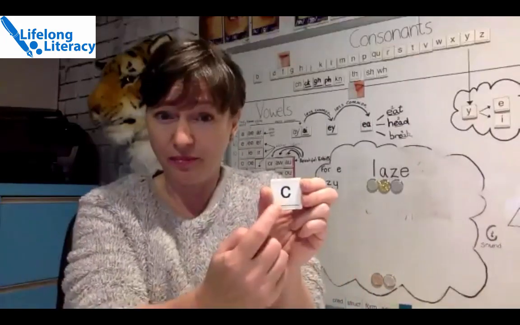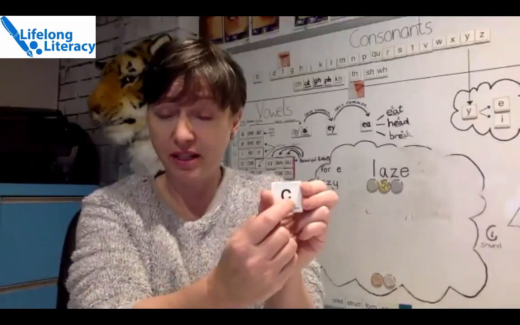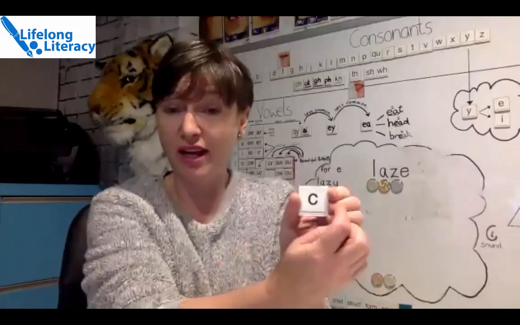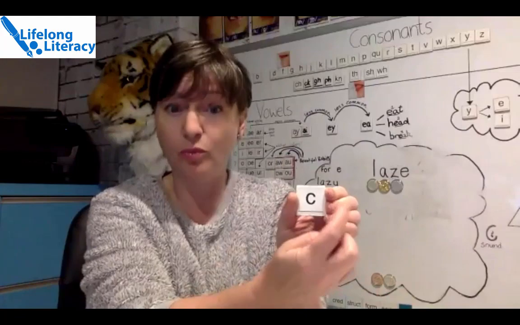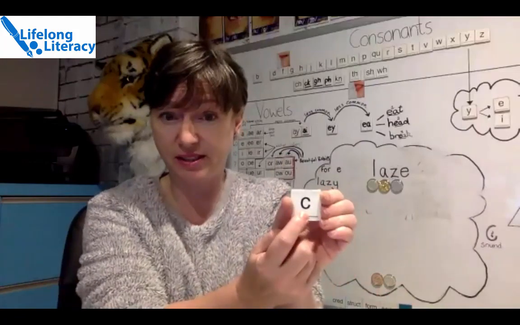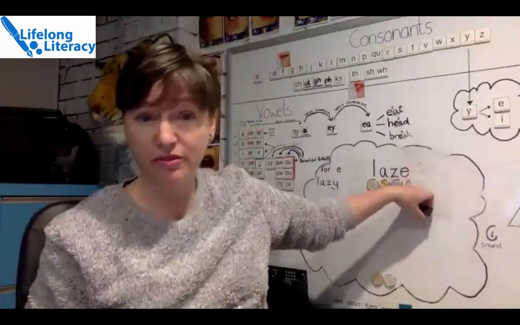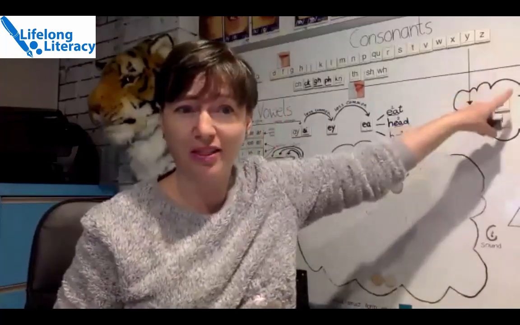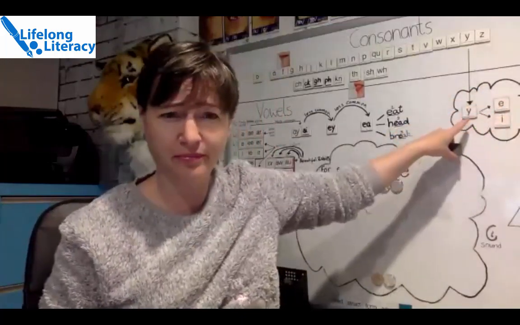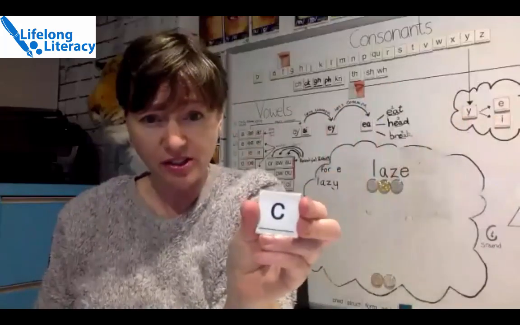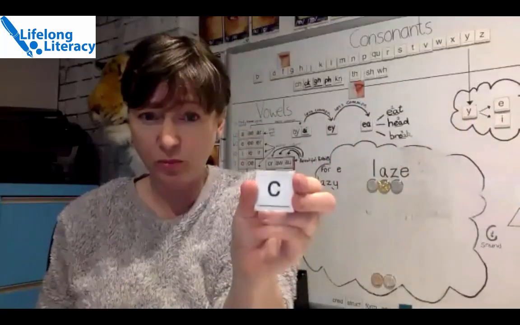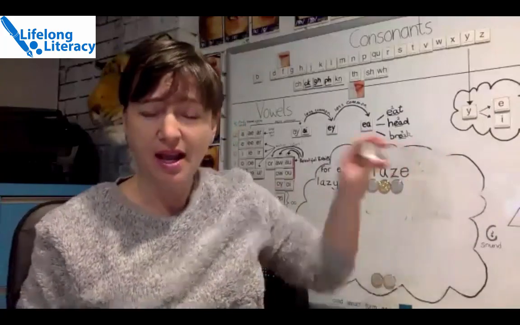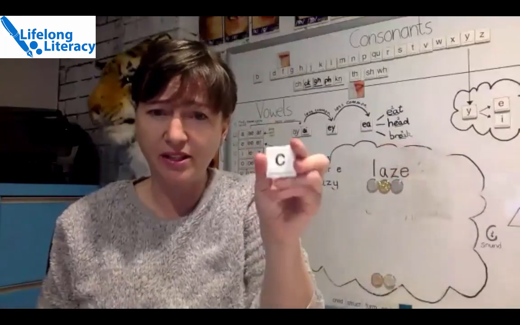To signal in a word that C is representing this other sound, we use another letter after it to show that we want you to say S. E is one of those letters. I and Y are the other two. And look at that, they're all together doing things again. So changing the sound of the letter C is one of the jobs that E does, especially at the end of a word. And that's what we've come to.